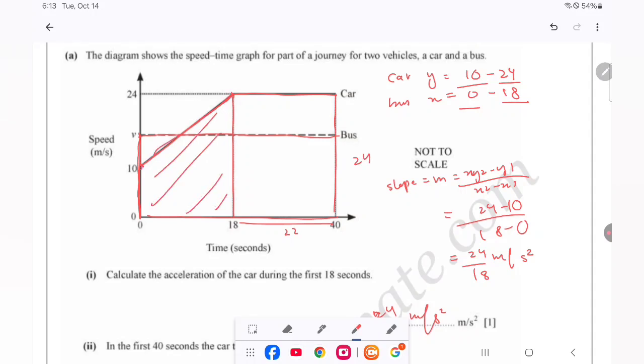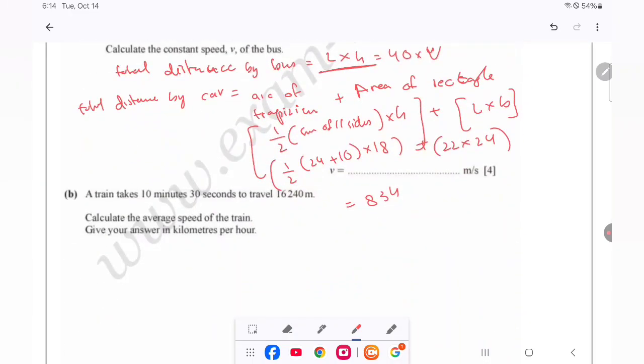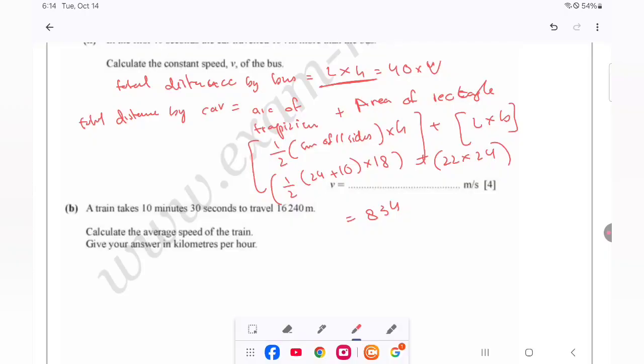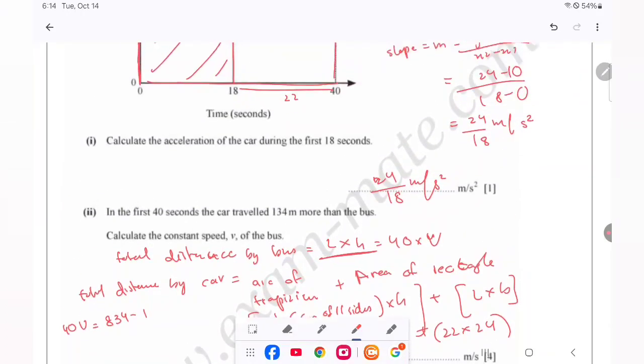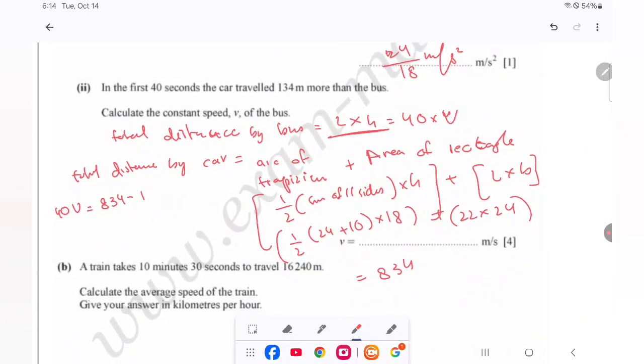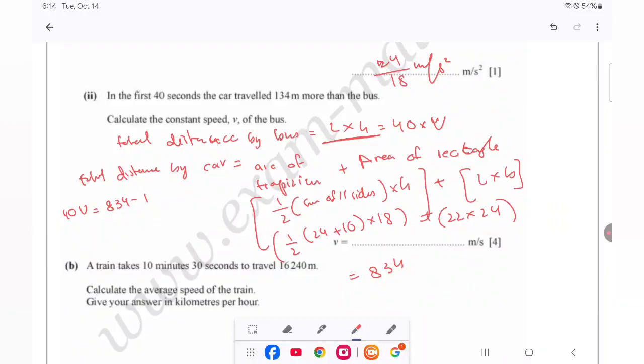We calculated the area of both and summed them, and it gives 834, and this is not our V, which we are calculating. So 40V is our sum minus 134.